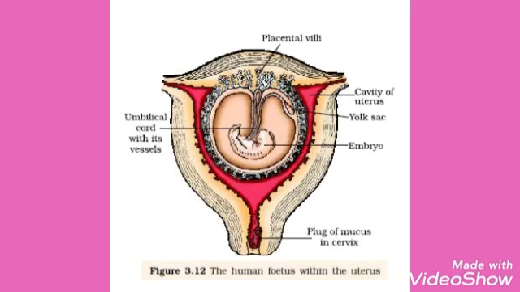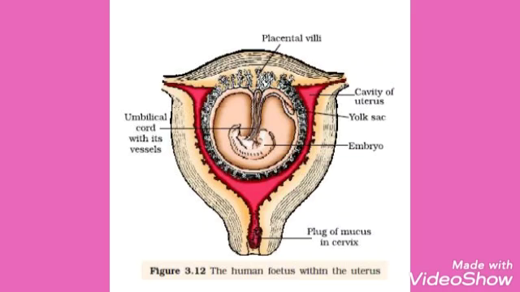called the placenta. The placenta supplies oxygen and nutrients to the developing embryo and removes carbon dioxide and excretory waste from the fetus. The placenta is connected to the embryo through the umbilical cord.